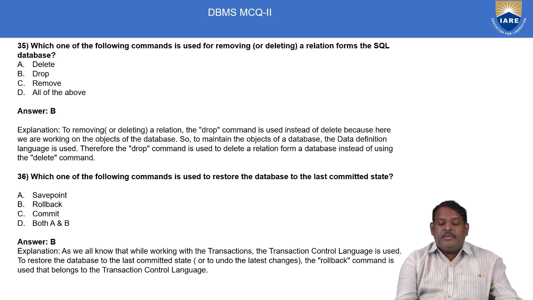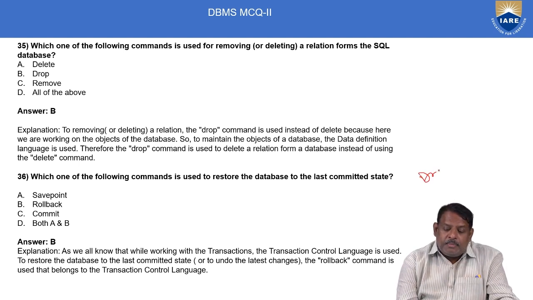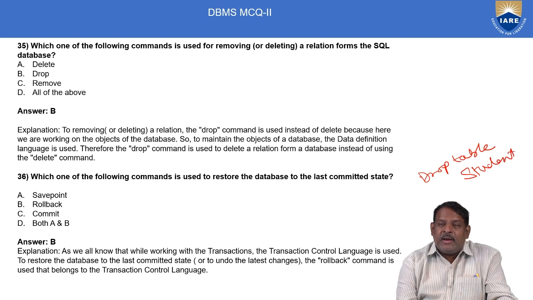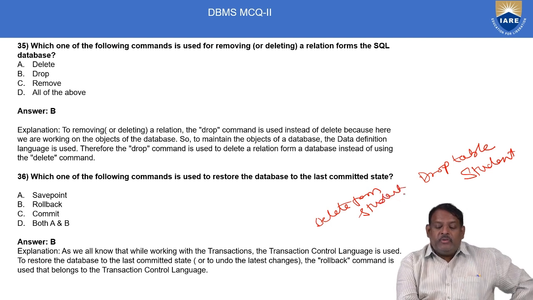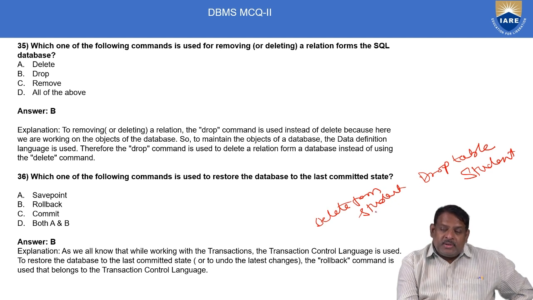For example, I'll say drop table student. If I drop this table student, I can never get it back. But if I say delete from student, my individual records or a set of records will be removed, but my table structure remains.